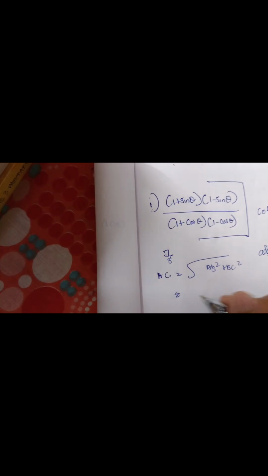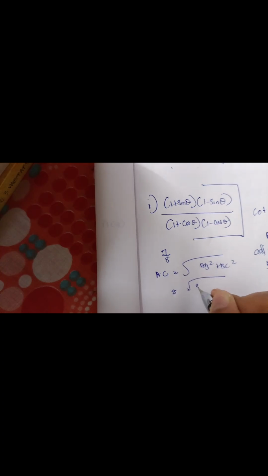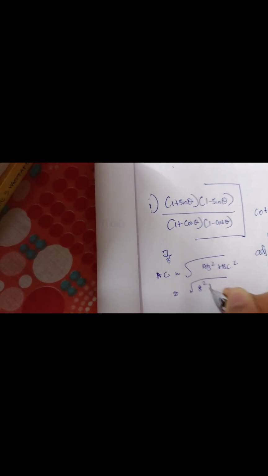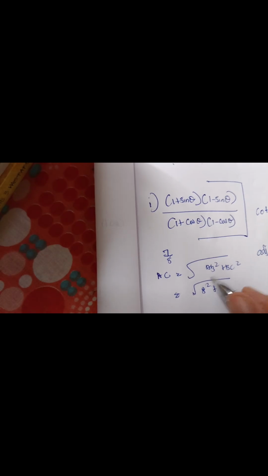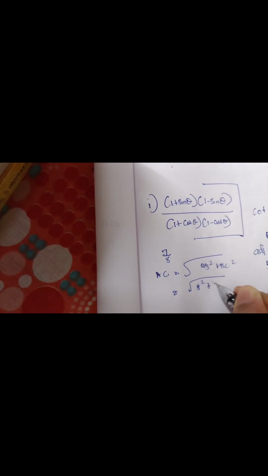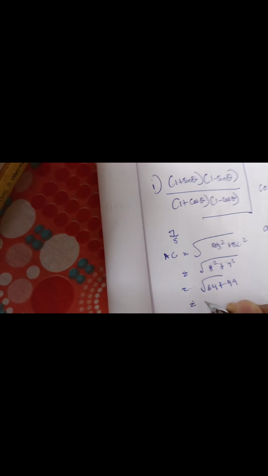So AB square is 8 square and BC square is 7 square, equals 64 plus 49. That is root 130.